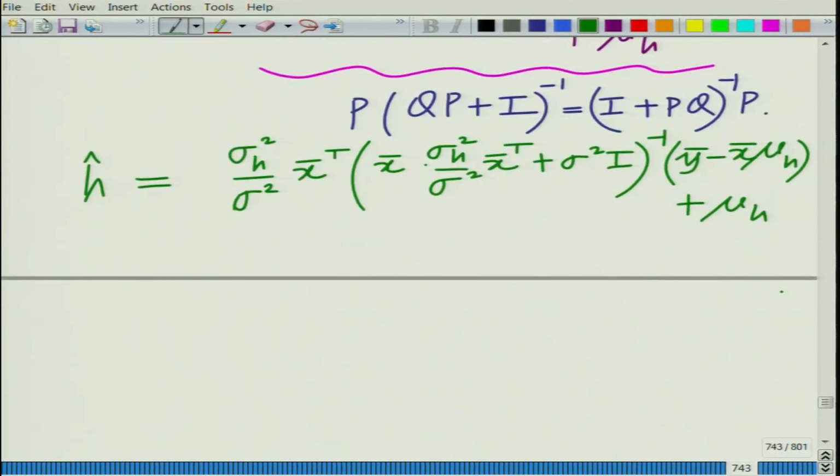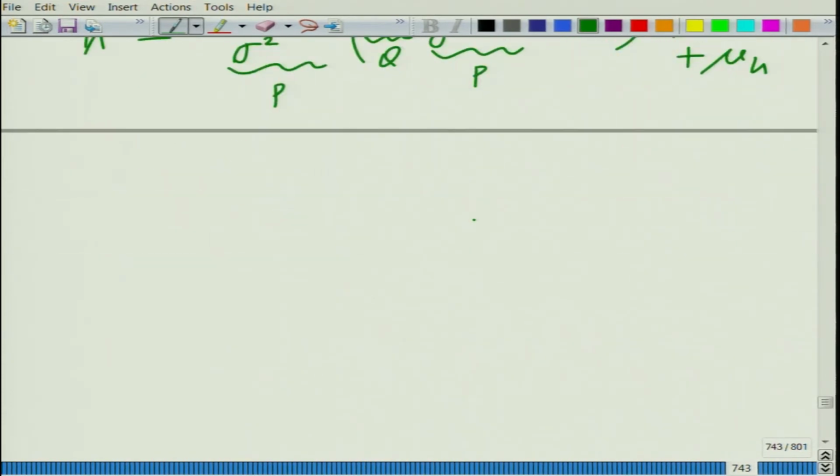If you look at this, this is your matrix P, this is your matrix Q, and this is your matrix P. So, I can write this as P into (QP plus I) inverse equals (I plus PQ) inverse into P.